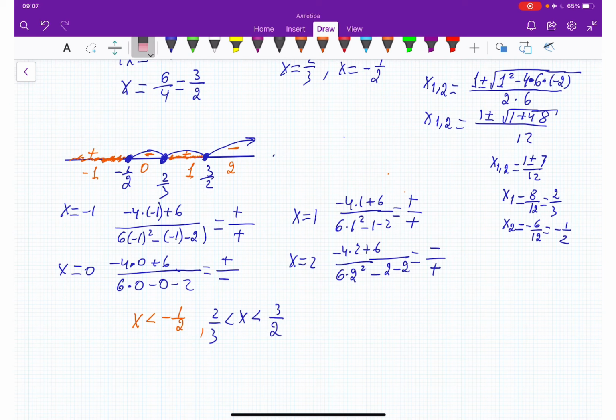If I clean this, it will be seen much better, huh? So this will be plus, this will be minus, this will be plus, and here is minus. So it's going to be this one, and this. Two areas. Okay.